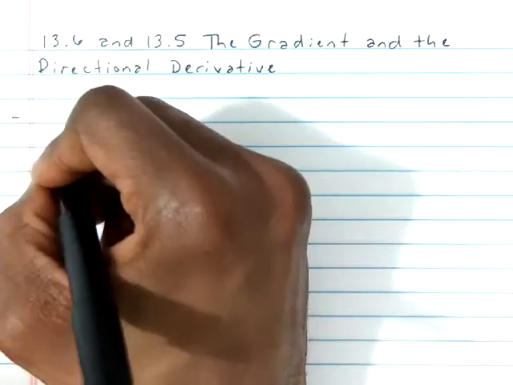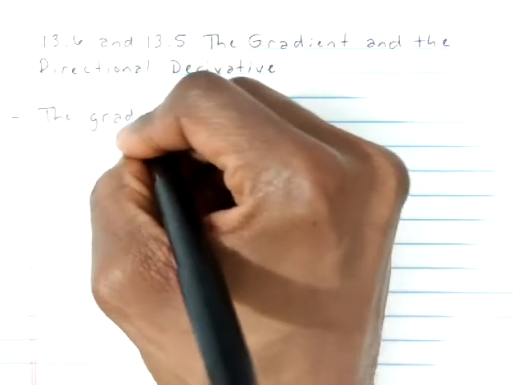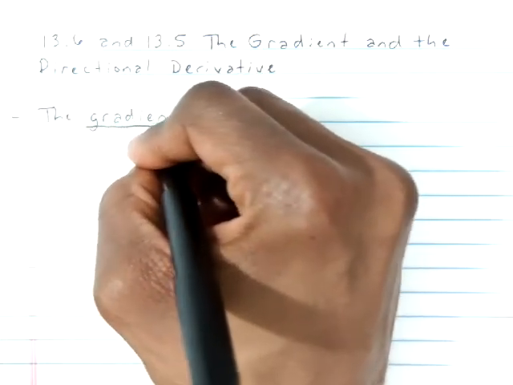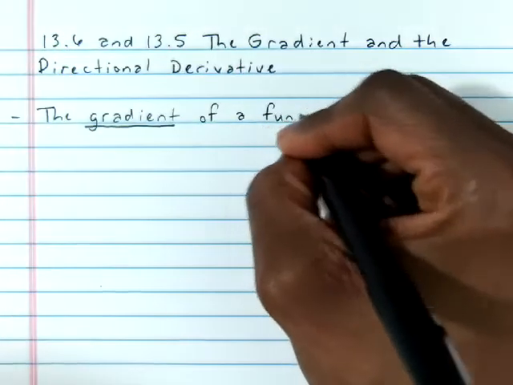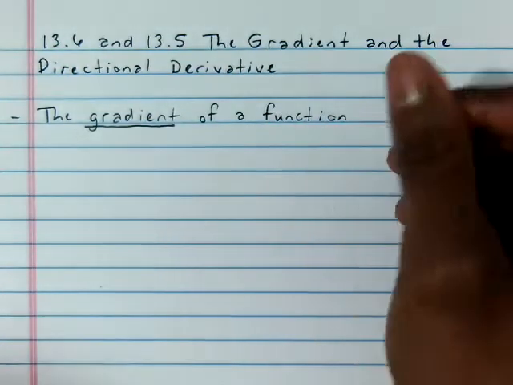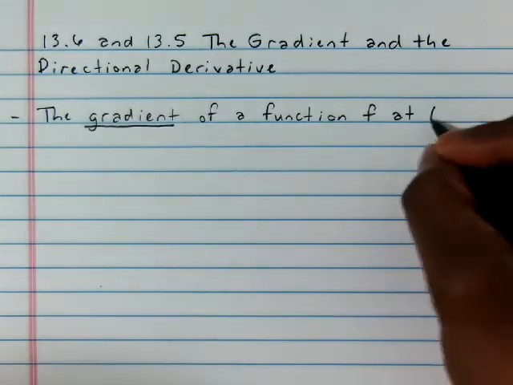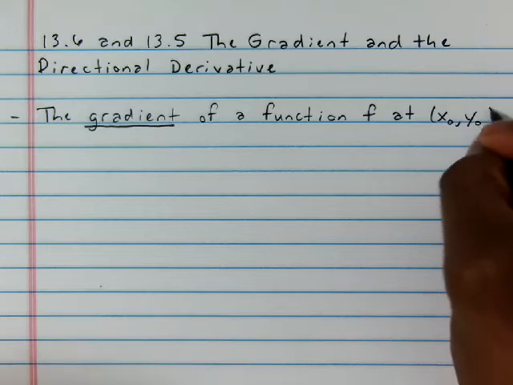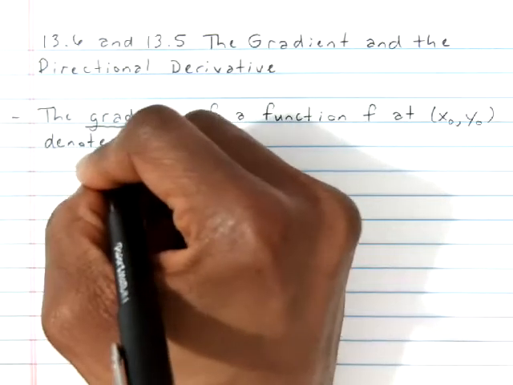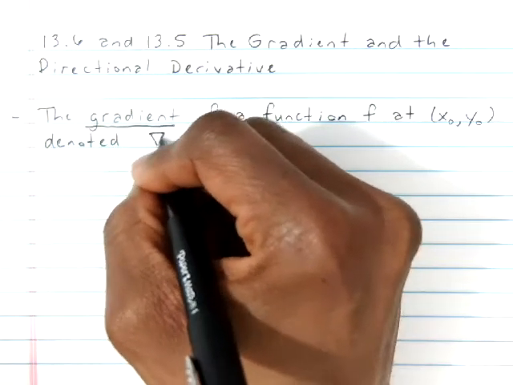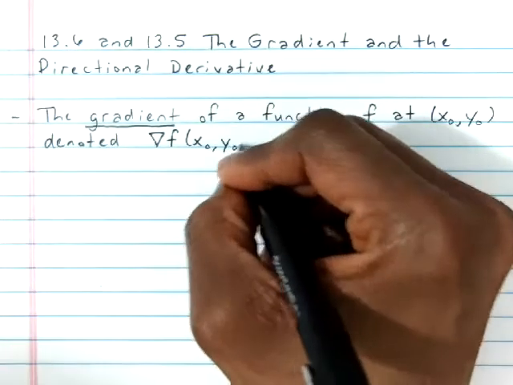So first we'll talk about the gradient. The gradient of a function f at the point x naught, y naught, denoted the gradient of f at x naught, y naught.